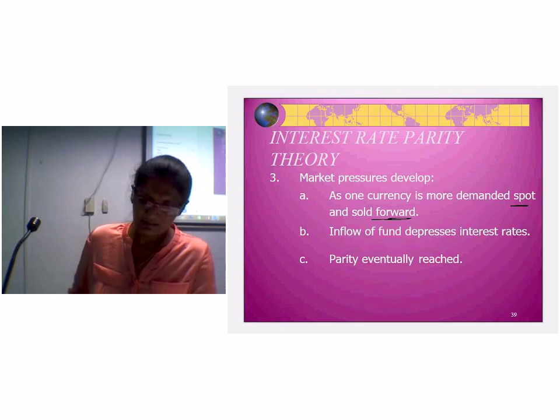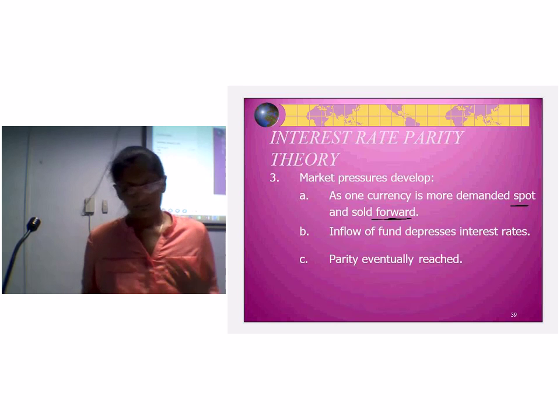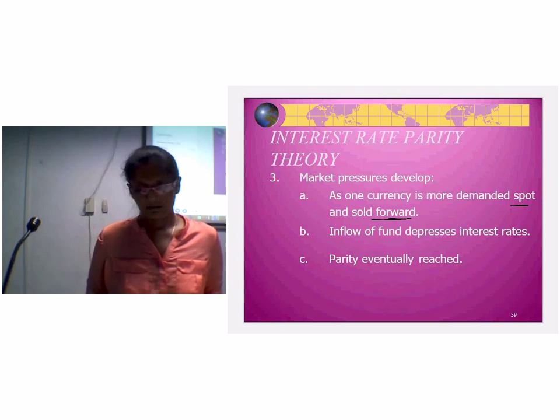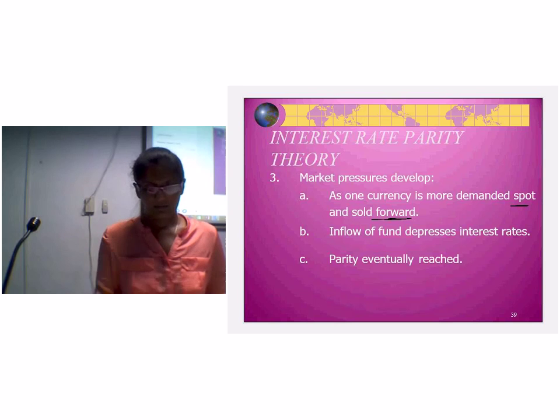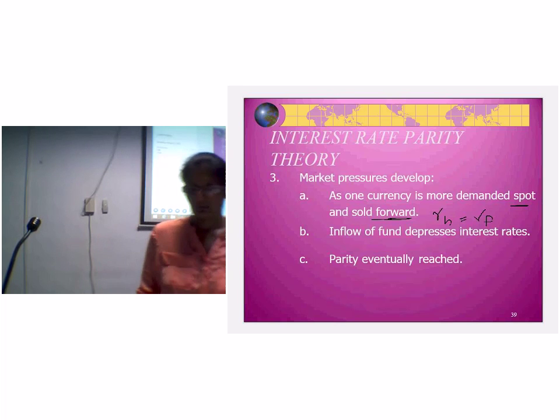So for the arbitrageurs, what they can do is purchase at the spot rate and sell at the forward rate, right? And this is possible when RH is not equal to RF, or the difference between RH and RF is not equal to 0, right?